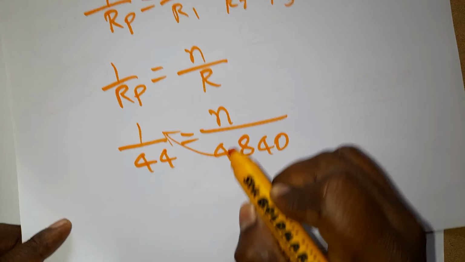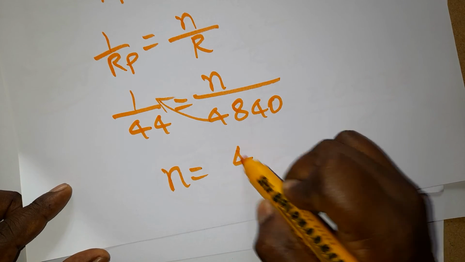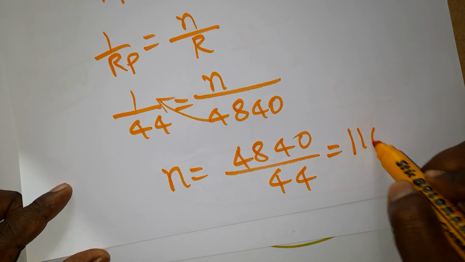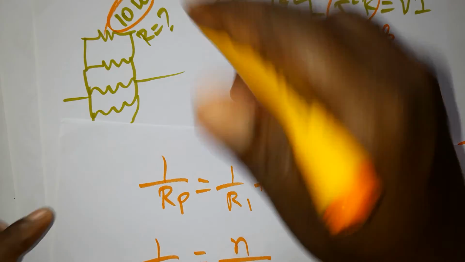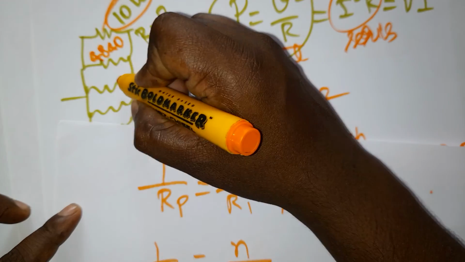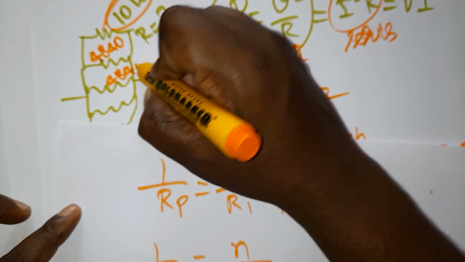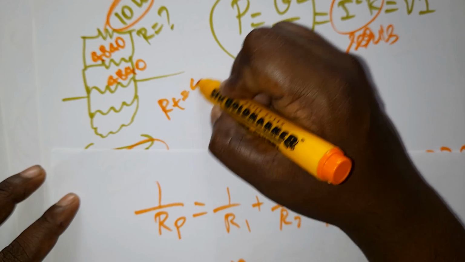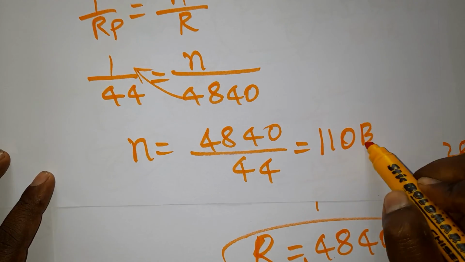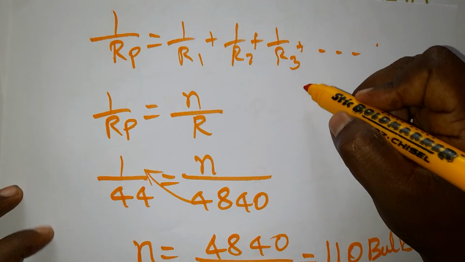If you cancel this, n is going to be 4840 divided by 44, which is 110. The number is going to be 110. Each value is 4840, and the total net value is going to be 44. So this many bulbs have to be connected in parallel to get a current of 5 ampere.